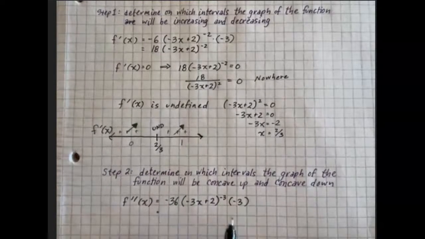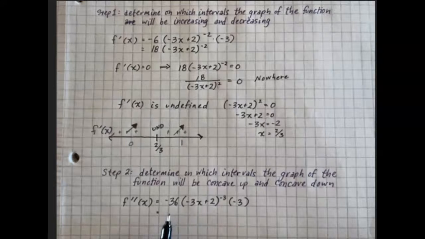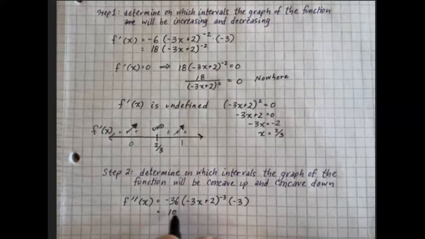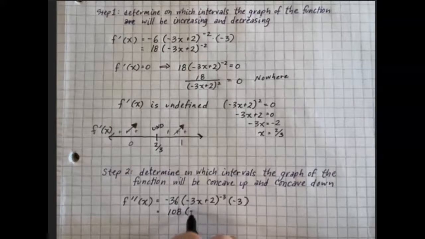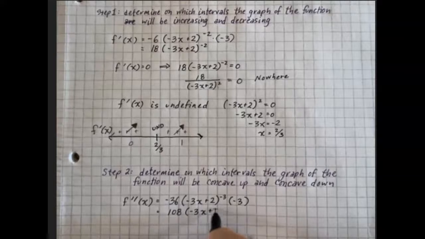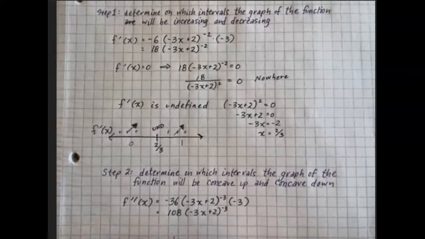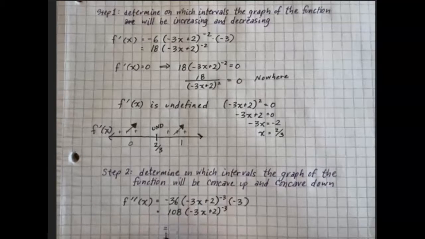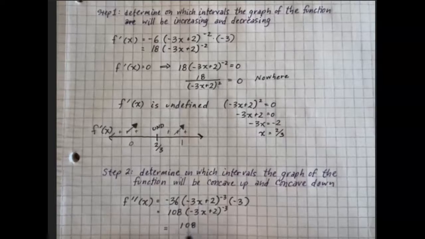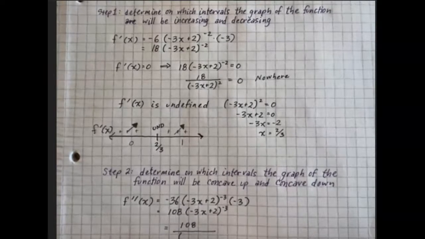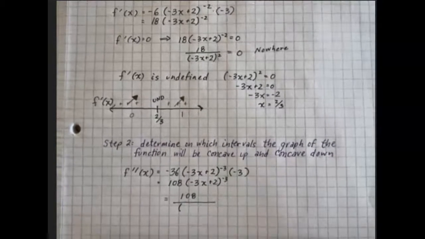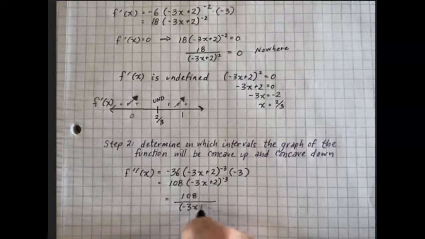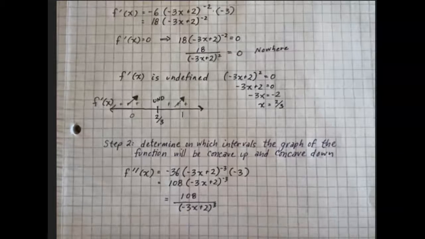So we get, gosh, what's 3 times 36? 108. So positive 108 times negative 3x plus 2 to the negative 3 power. Another version of that, of course, would be 108 in the numerator, and in the denominator, negative 3x plus 2 quantity cubed.